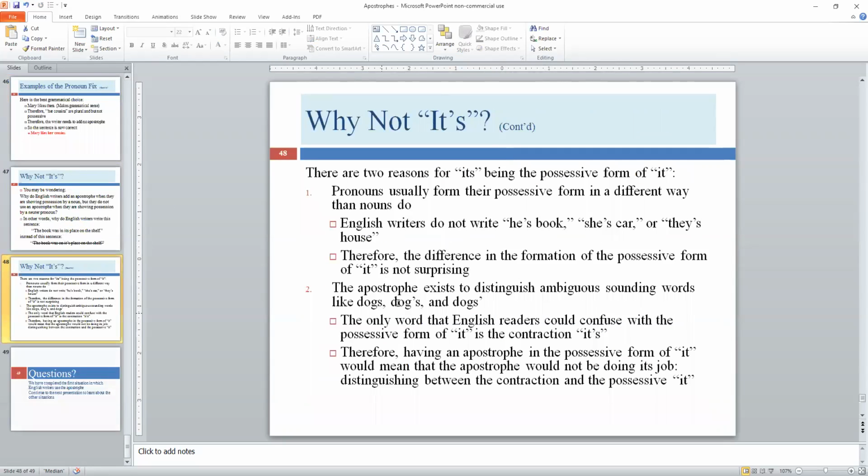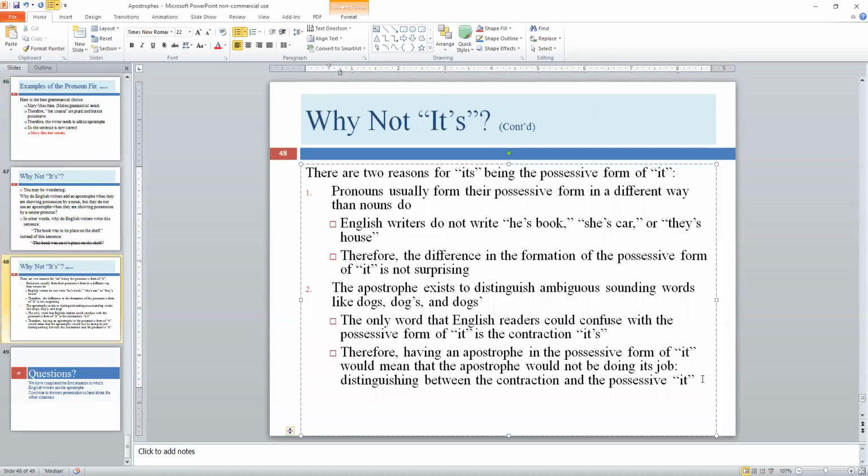So that's, I guess, the first half of this reason. But the second half of this reason is that there are two times that we say it's in English. One is when we mean, let's say, how about this one? The book was in its place in the book case.